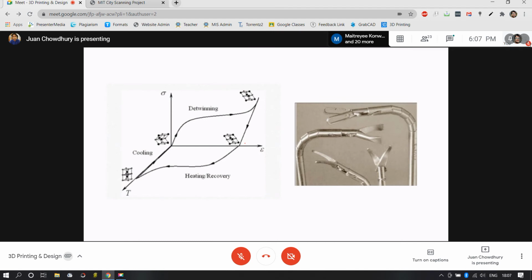Okay, where there is a process called de-twinning. De-twinning is actually the displacement of molecular bonds. Okay, sorry, not crystal bonds, molecular bonds within a crystal structure. And de-twinning is the anti-process of it.